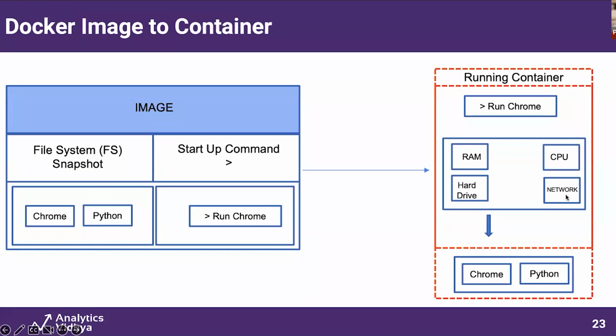A container would have its own network ports, its own CPU usage, its own hard drive allocation and RAM. You can think of it as an enclosed OS. Within this OS, it would run these two applications. So this is how the transition happens from image to container, and all the dependencies and libraries would be picked from the Dockerfile, which was the starting point for a container.